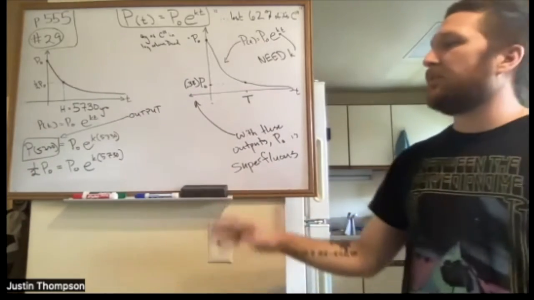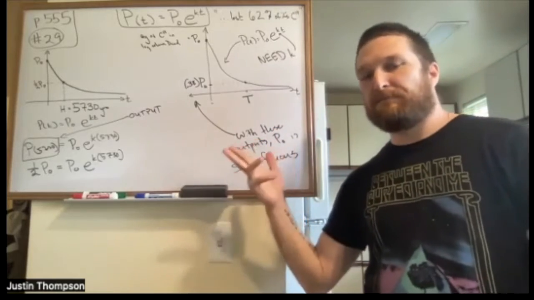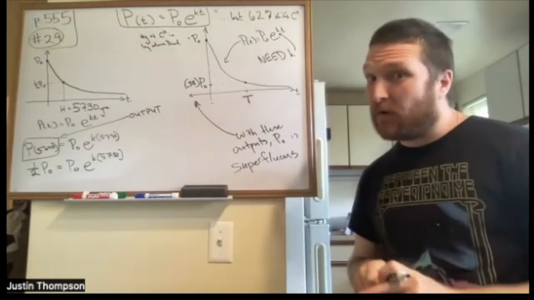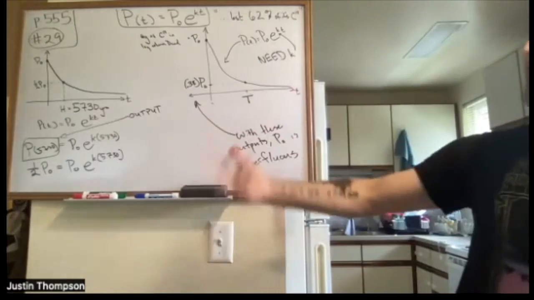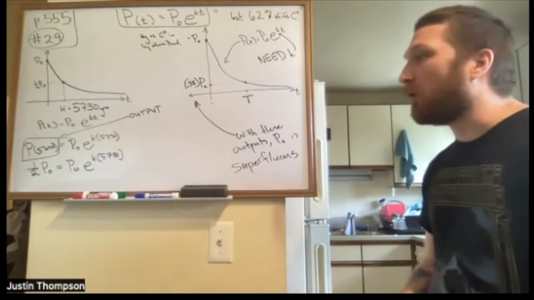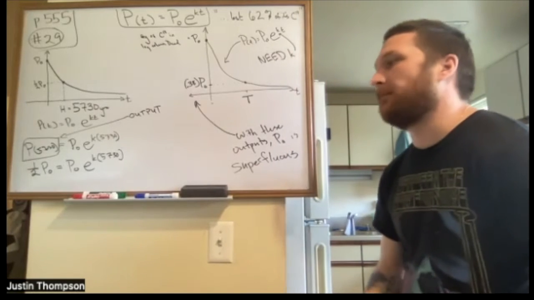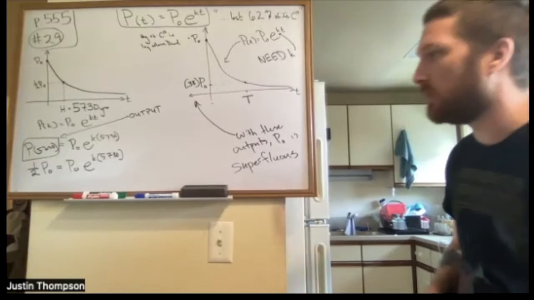And this is what I was saying earlier with the P0 being superfluous for these types of problems. Not always, but in this case, it is, because it shows up on both sides of the equation multiplicatively, right? Like it's multiplied by. And so we could say, oh, well, why don't we just divide both sides by P0? And so that's what we do.